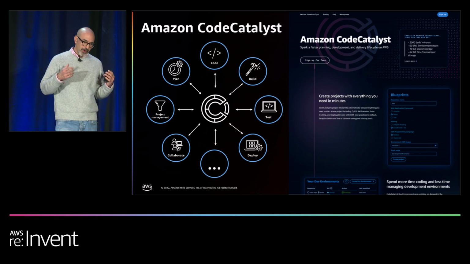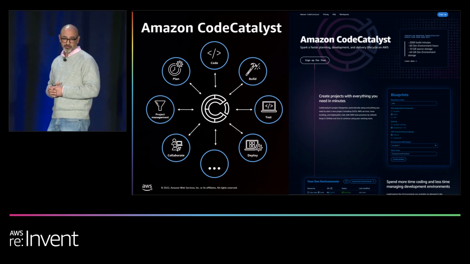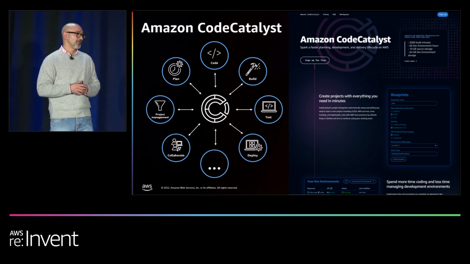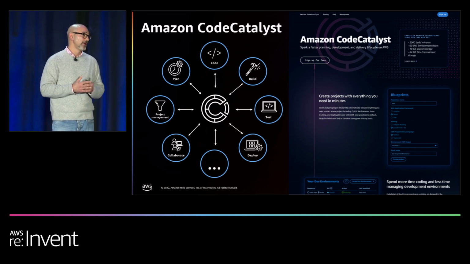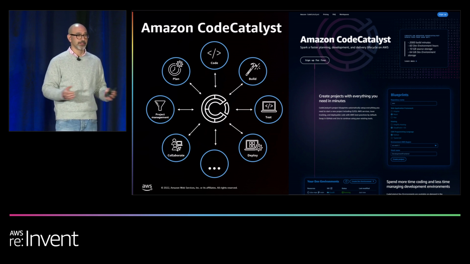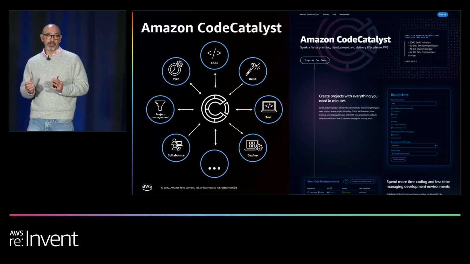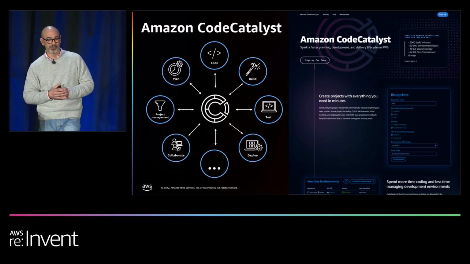And I also want to talk about one thing that's not on this slide, but it is my second favorite feature of CodeCatalyst, which is the very powerful search tool that they have. I found myself using this all the time. You can search across all your projects, source code, spaces, every asset that you have in your CodeCatalyst space. Search works brilliantly. And of course, that begs the question, what's my favorite feature of CodeCatalyst?